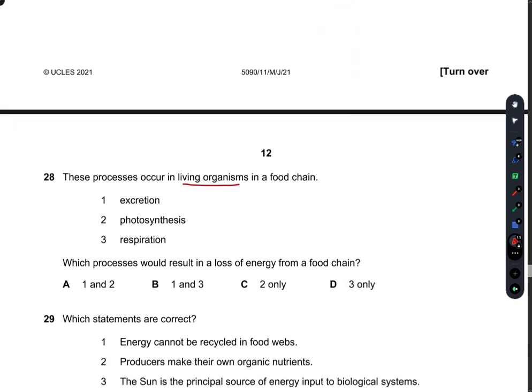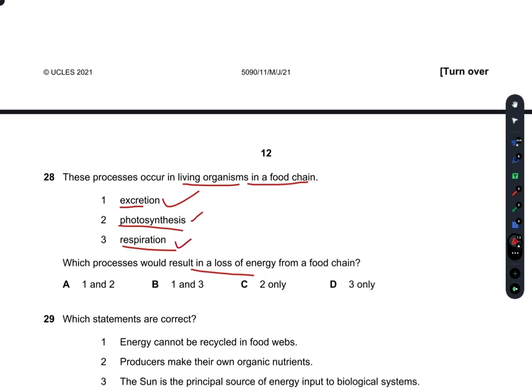Three processes occur in living organisms in a food chain: excretion, photosynthesis, and respiration. Which of these processes would result in a loss of energy from a food chain? First of all, we have excretion here. Excretion would definitely result in a loss of energy from a food chain. The second one is photosynthesis, and then we have respiration.